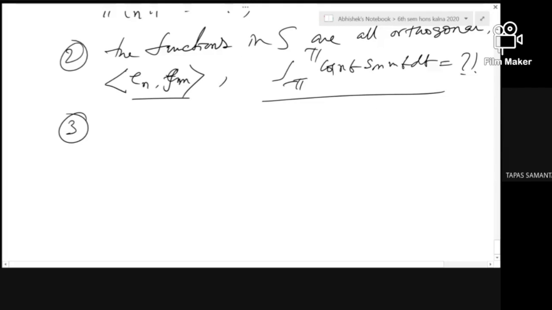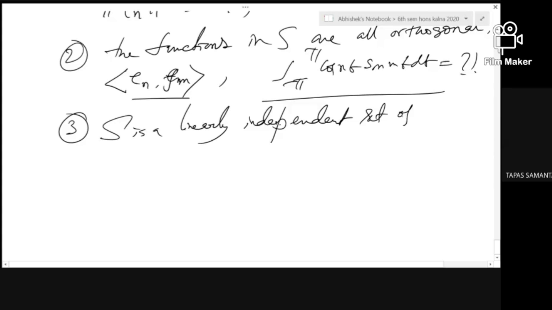And number 3 is, capital S is a linearly independent set of functions.